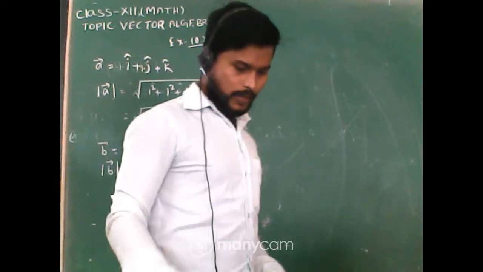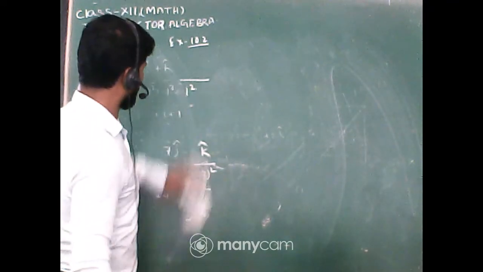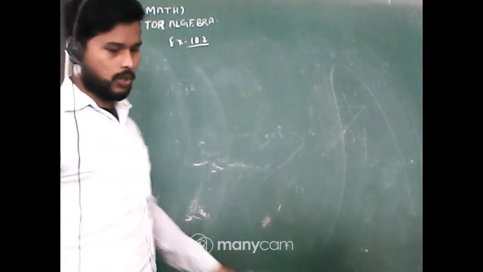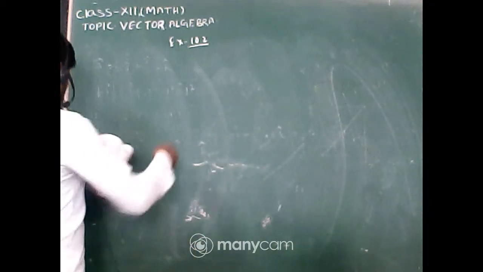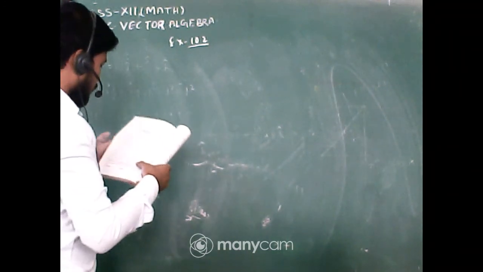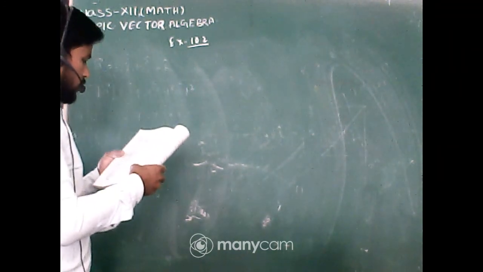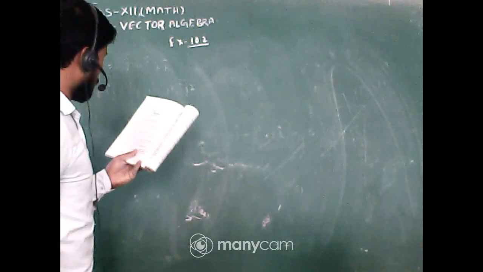Now next, question number 4. I will solve a few questions from here. Question number 4 is: find the values of x and y so that the two given vectors are equal.